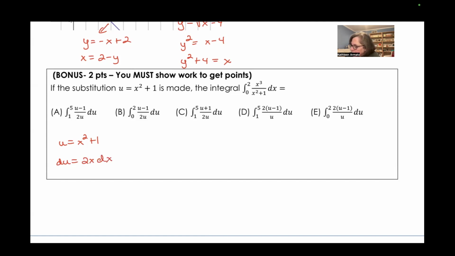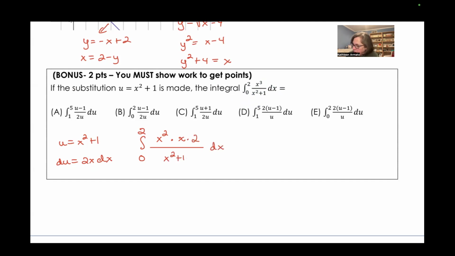So looking at this integral, the x squared plus 1, that's going to get replaced with u. I have x cubed here. This is just an x. So I'm going to rewrite this integral from 0 to 2. I need just the x, so I'm going to separate it into x squared times x.